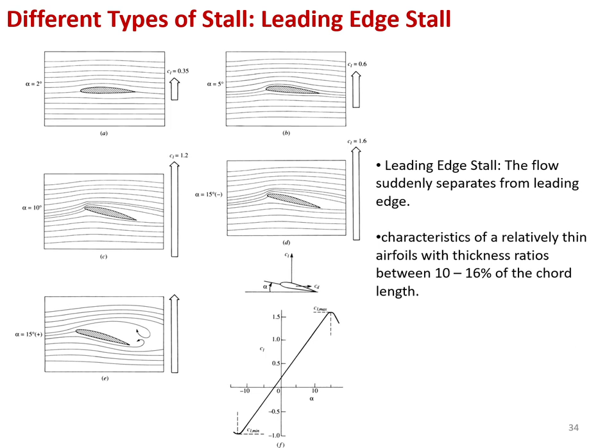This is usually seen in relatively thinner airfoils. We are not talking about theoretically thin airfoils. We are just talking about airfoils that are on the thinner side. In general, their thickness ratio is usually between 10 to 16% of the chord length. And you can see in their CL versus alpha curve that there is a sharp peak in the vicinity of CL max.